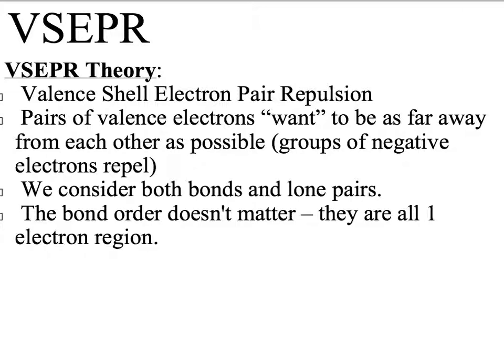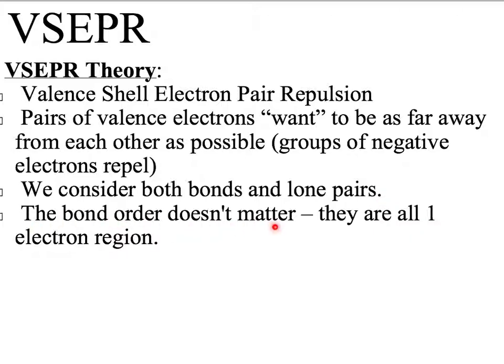All right, next up with covalent bonding is VSEPR theory, standing for valence shell electron pair repulsion. And in a very general sense, this means that pairs of valence electrons want to be as far away from each other as possible. The groups of negative electrons will repel. And when we're doing our VSEPR theory, we need to consider both bonds and lone pairs.